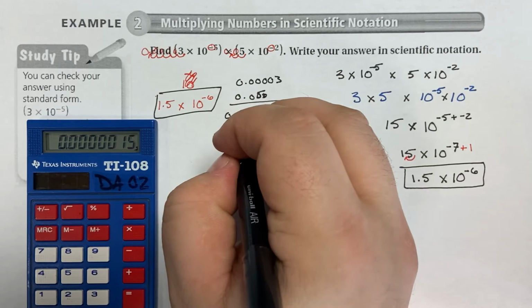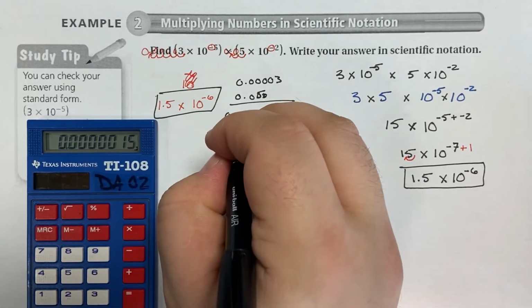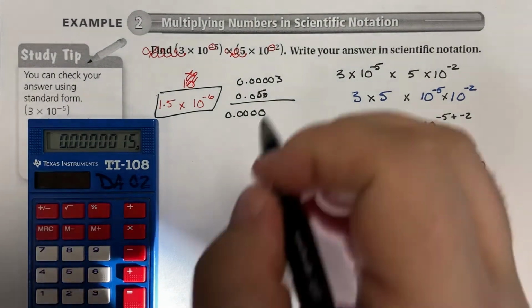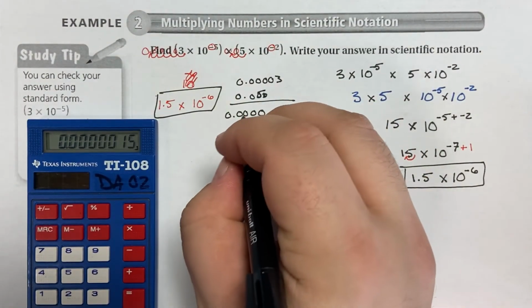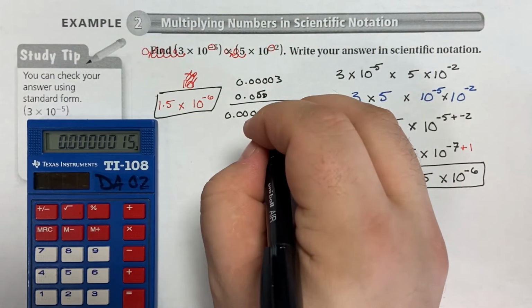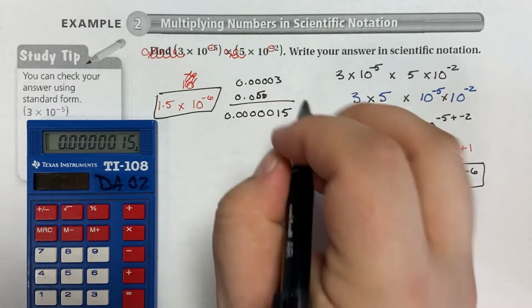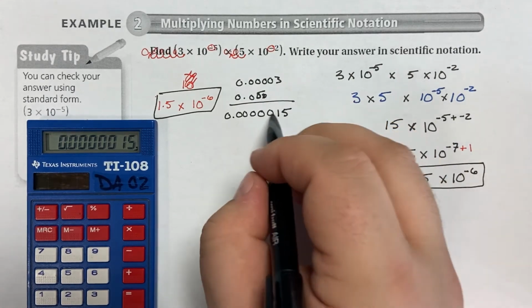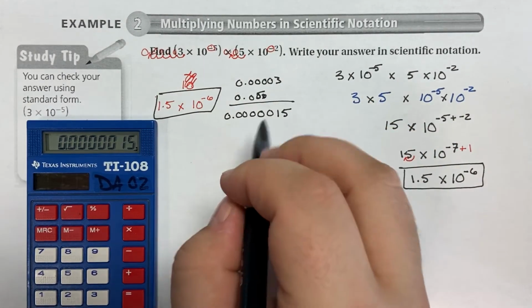2, 3, 4. Oh my goodness. 1, 2, 3, 4. And then 15. So 1, 2, 3, 4, 5. I knew I missed a 0 in there. There's my 5 zeros, and then 15.